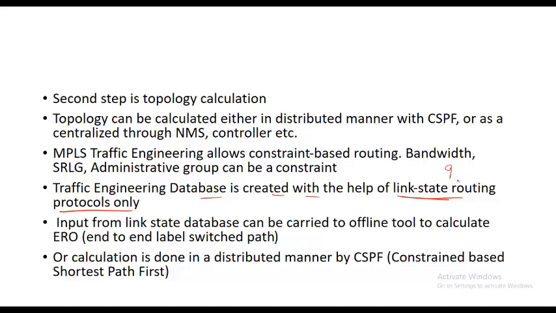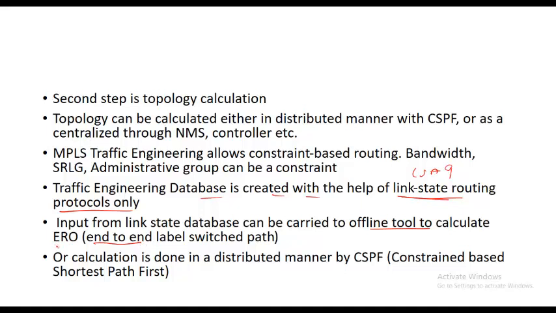Input from link state database can be carried to offline tool to calculate the constraint-based shortest path, means the path via which you're going to distribute the label. ERO. I think there's something wrong here.